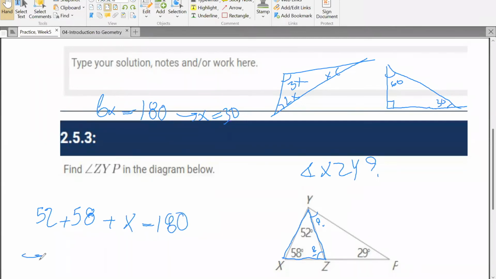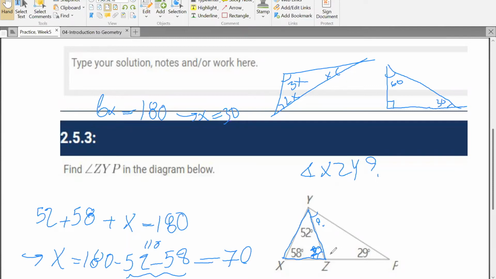Therefore, X is 180 take away 52, take away 58, which is going to be 70 at the end of the day, because these two are going to be 110, and then 180 take away 110 is going to be 70. Okay, so if that is 70, I just put it there.